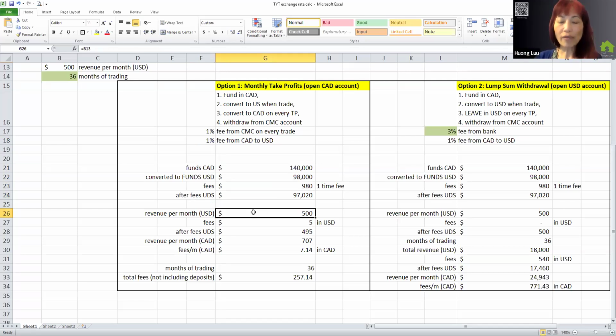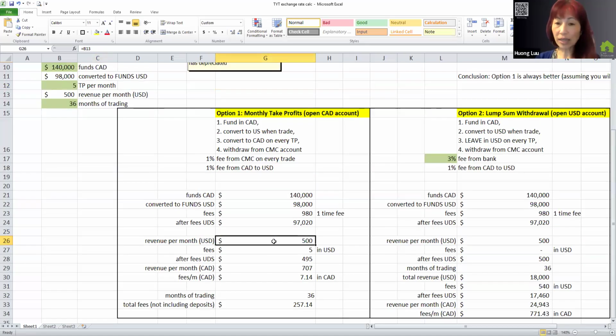Okay. So every single month, I'm going to see five take profits. So I'm going to make $500 in revenue. This is in US. I'm going to pay $5 in fees to convert it over. Okay. And that is based on this $500 of take profit times my 1%. Okay, because it's a fee on the amount that I made.